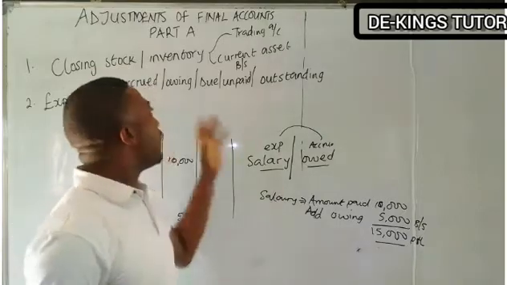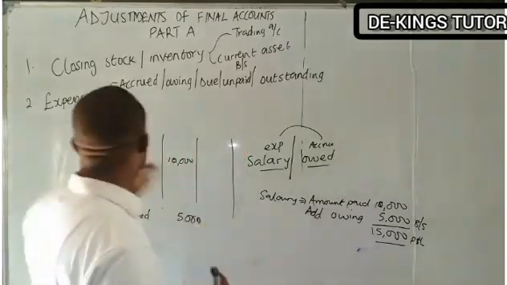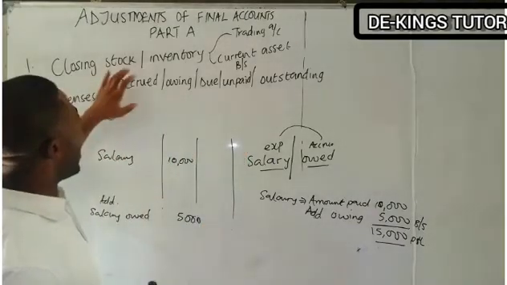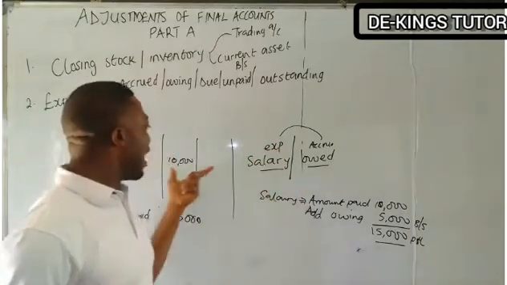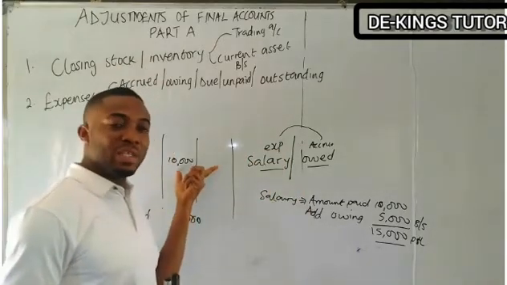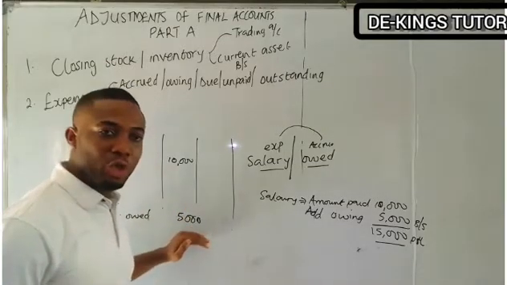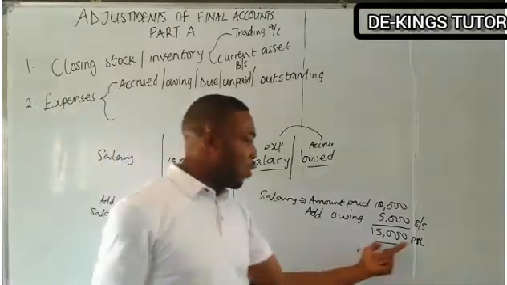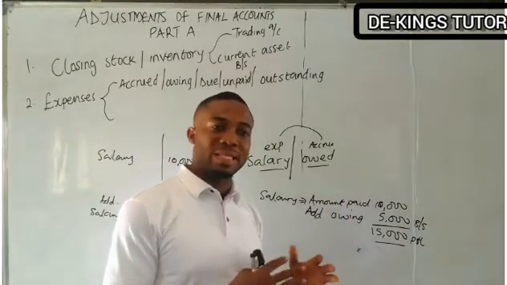For all accrued, you add it up to the expenses they've paid in the trial balance. While the one under the additional information goes to the balance sheet, the one that was added goes to the profit or loss account on the expenses side.